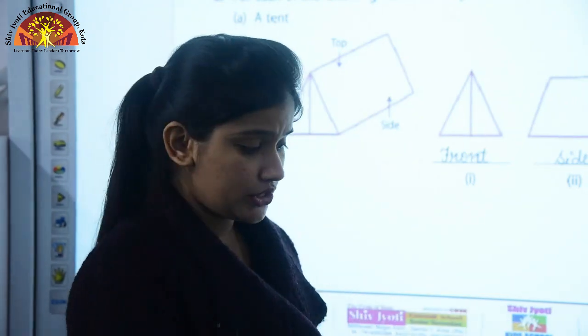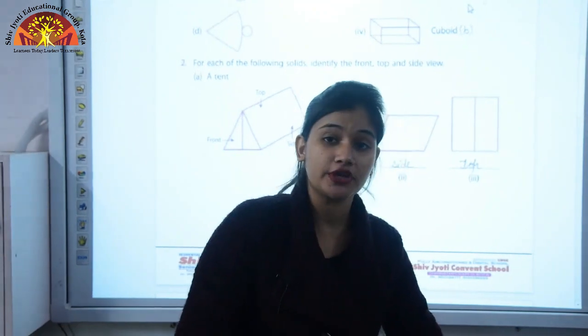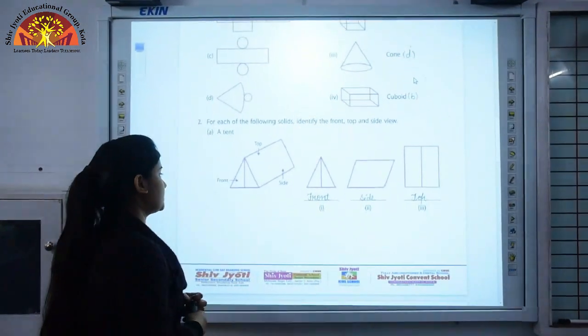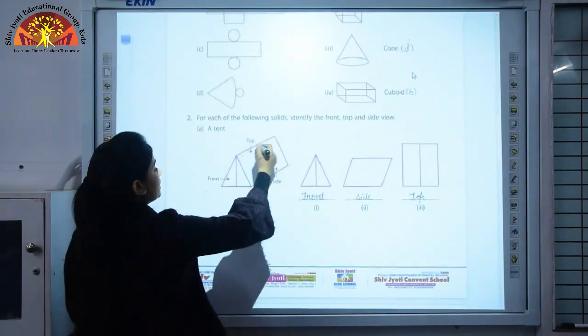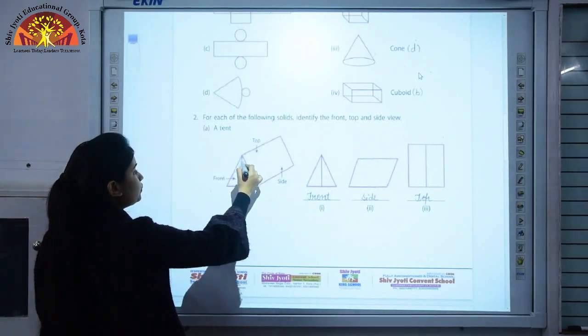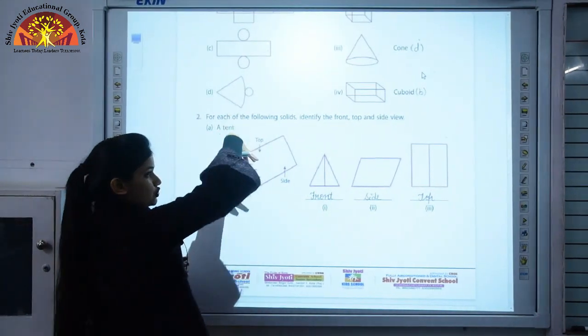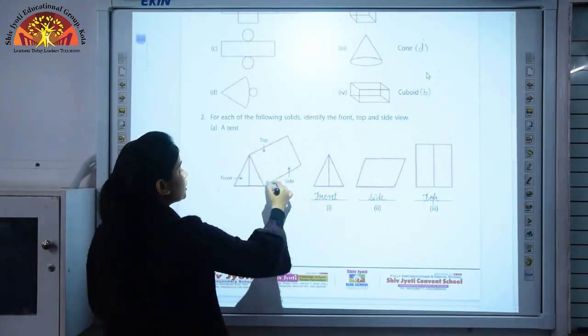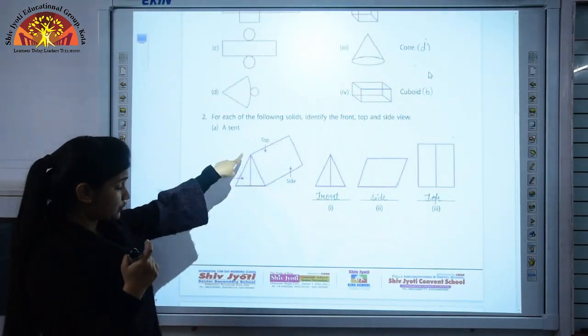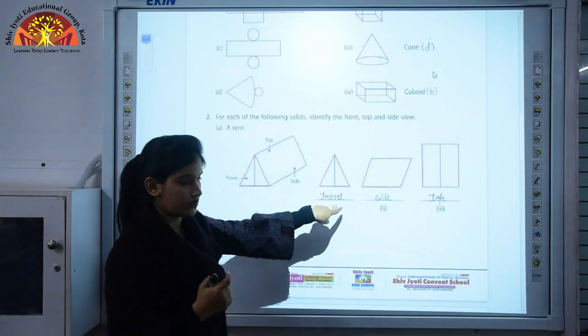pictures are given in the question and you have to find the front view, side view and top view of these pictures. So you can see this figure is given in the question and this is the front view, this is the top view. आप जब इसको top से देखोगे तो ये कैसा दिखेगा और जब आप इसे side से देखोगे तो ये कैसा दिखेगा. So now students you can see this is the front view, so you have to write front here, okay.